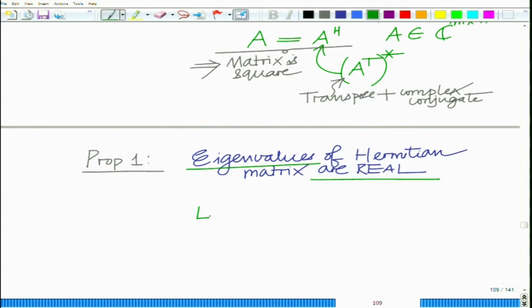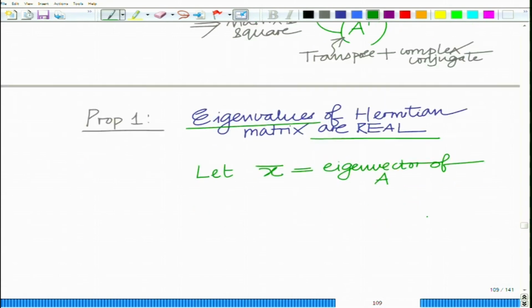Okay. So, to prove this, let us consider x bar to be an eigenvector of A and lambda the corresponding eigenvalue.